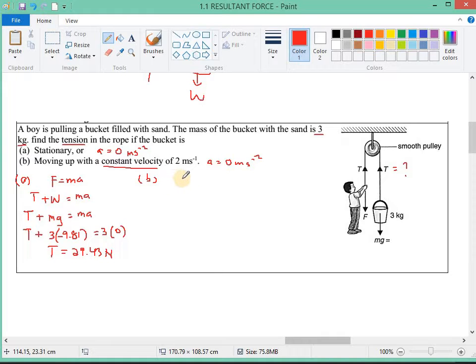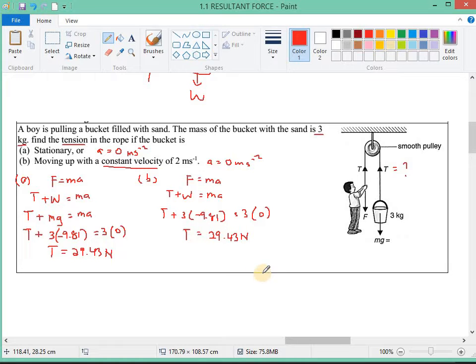Same thing, F equals ma: tension plus weight equals mass times acceleration. Just now we already did this, so tension plus the weight is 3 times negative 9.81. Mass is 3, acceleration is 0. So the tension will be the same, 29.43 Newton.